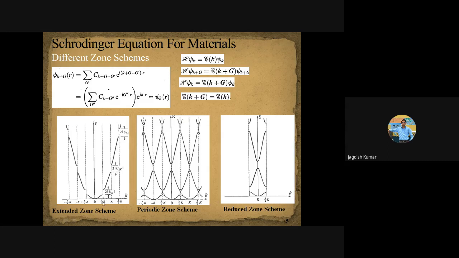Let us take K now somewhere between pi by A and 2 pi by A. Maybe something like 1.2 pi by A. Is it okay? Yeah. It will be here.